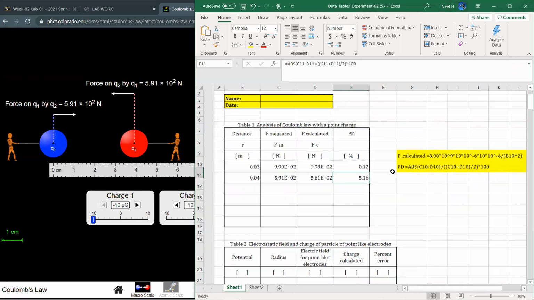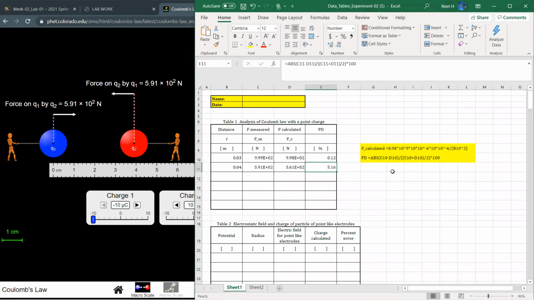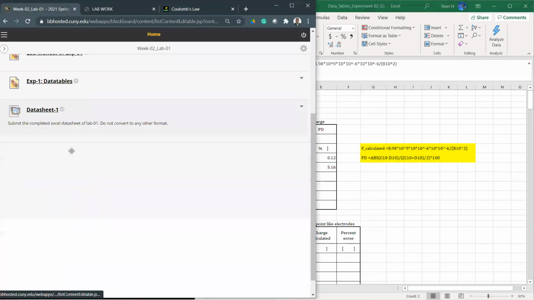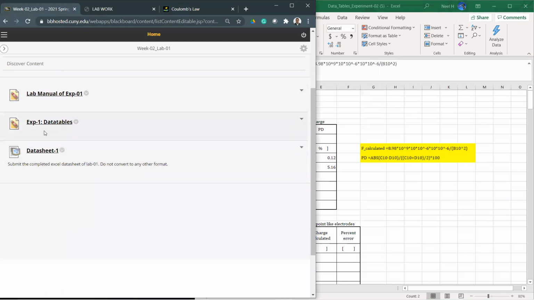Question. I still don't get how you calculated the percent error. You are the one who joined today's class. Were you in the last class? No. Yeah, if you were never in the class, you don't know how the class is running, okay? These are the commands. You have to use those commands to do this calculation with the Excel file. The Excel file is already given in Blackboard, okay?